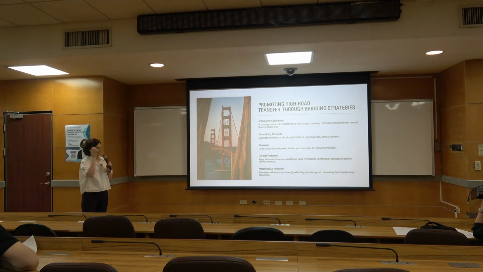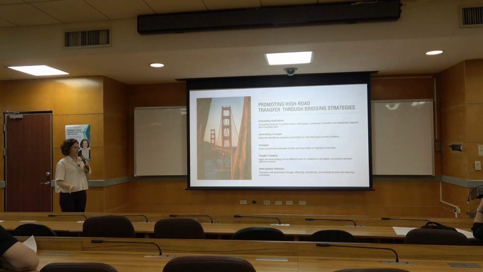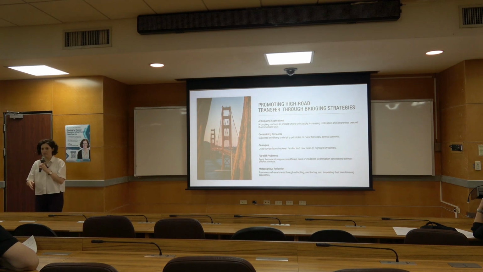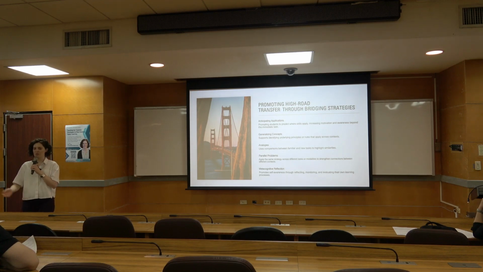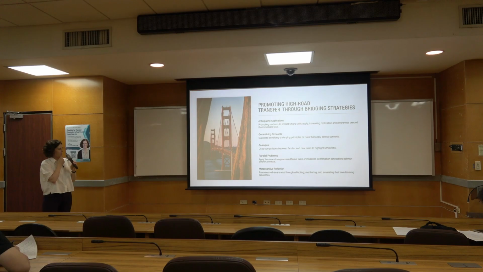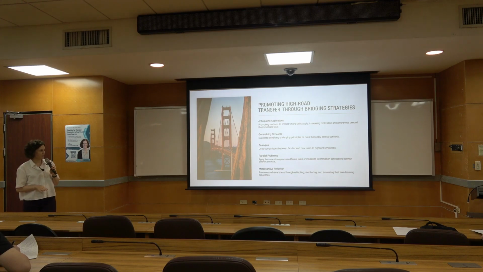The third is analogies. This is using comparisons between familiar and new tasks to highlight similarities. So it can help them see the similarities that, it's not obvious, but there is a similarity here. This actually does apply here. Parallel problems. This is applying the same strategy across different tasks or modalities to strengthen connections between different contexts.